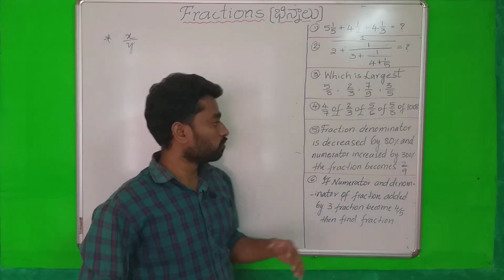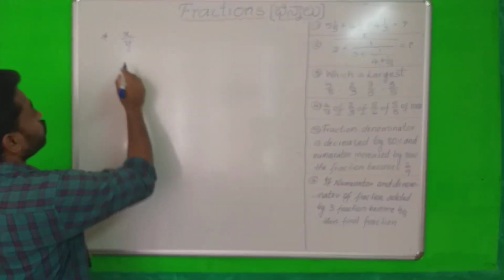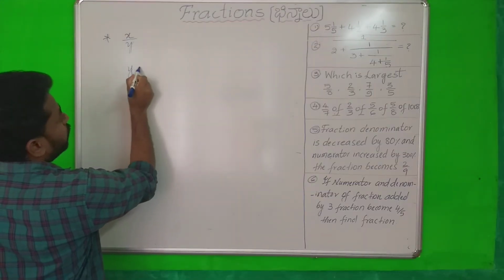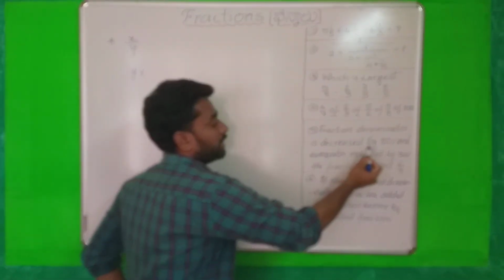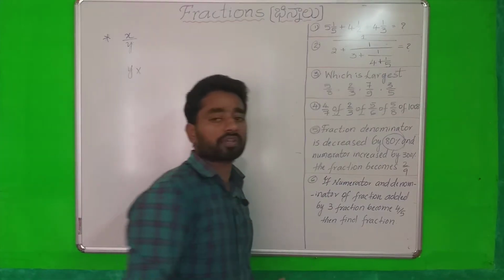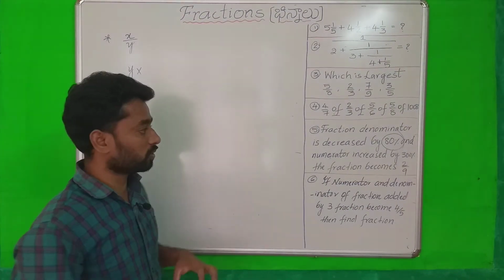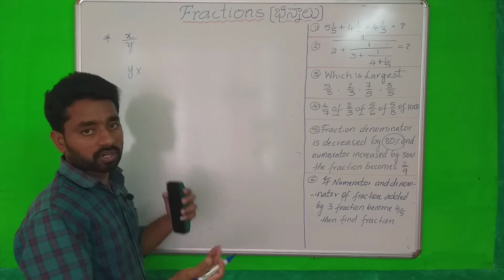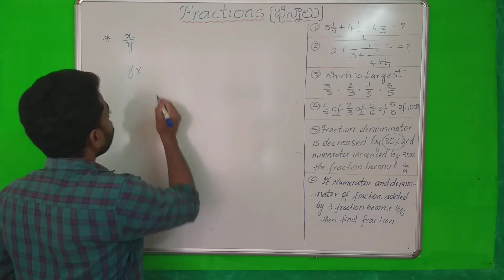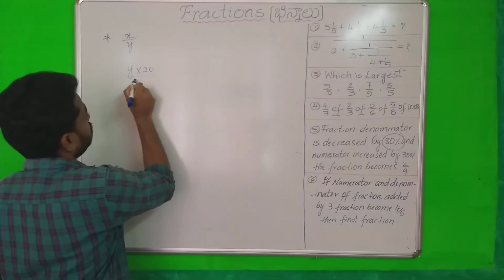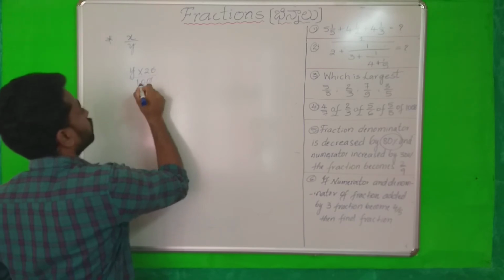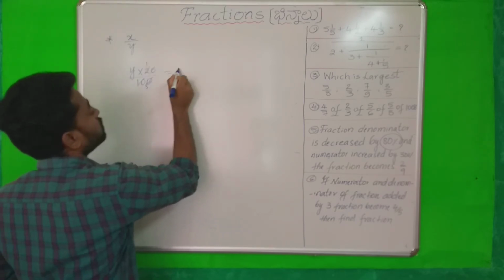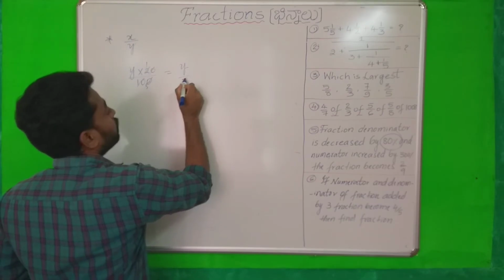Decreased means we have to reduce. The denominator is y, and reducing by 80% means we have to take only 20%, in short form. No need to find 80% or subtract, so directly 20%. The zeros cancel, 2 1s are 2, 2 5s are 10, so it is nothing but y by 5.